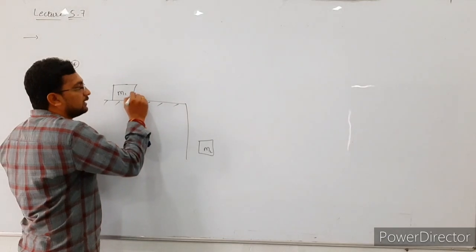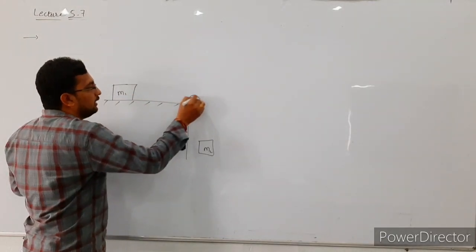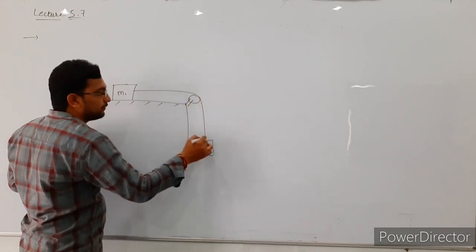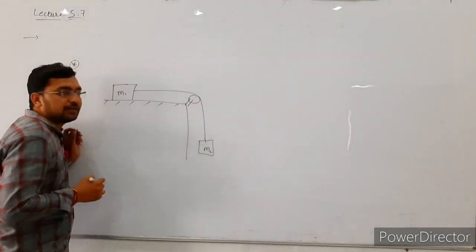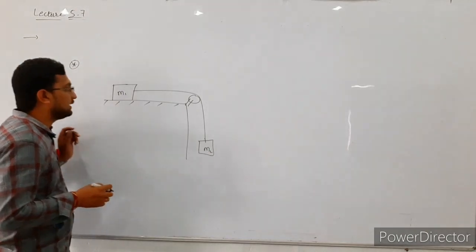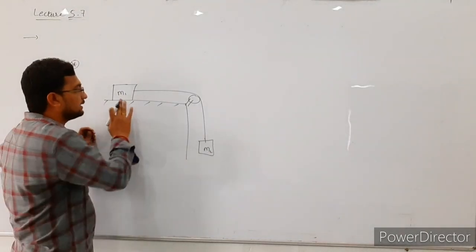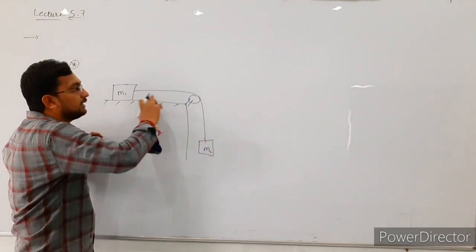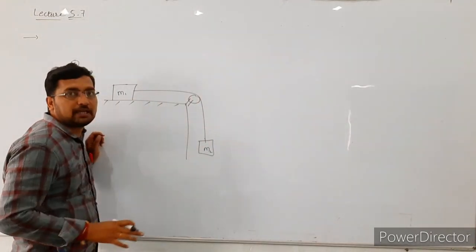These two bodies are connected with a light string passing over a frictionless pulley.